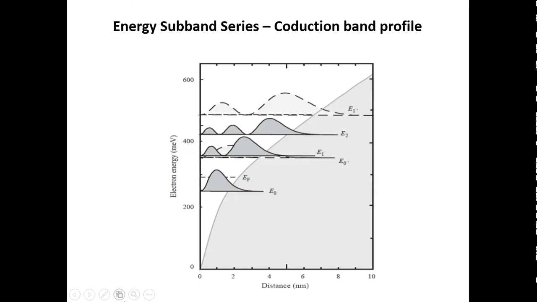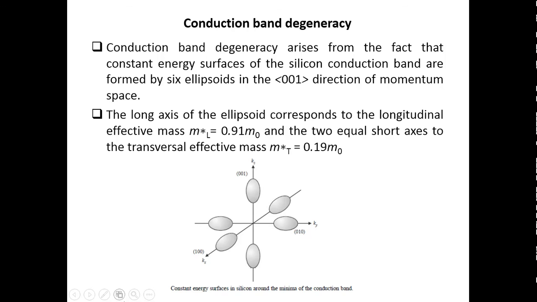You just understand this one, okay? This is not that much important, but you have to know how this conduction band degeneracy is there, and what is the direction in which the conduction band electrons move. This you should know.